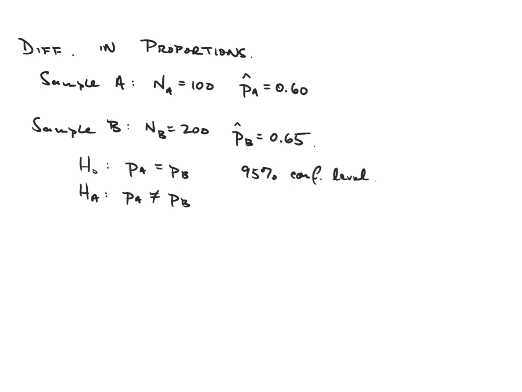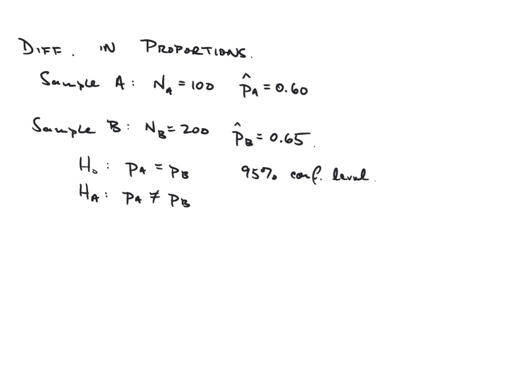So maybe we're comparing voter preferences of people with a high school degree to people with a university degree. And we see that among our high school graduates, 60% like the candidate. Among the university graduates, 65% like the candidate. Okay, that's in our samples.